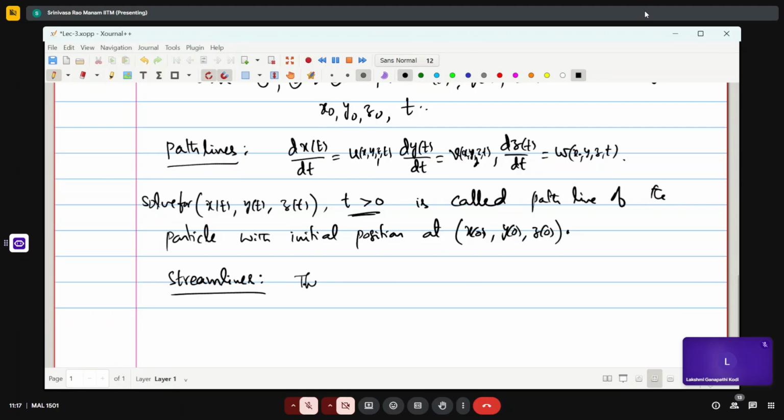Streamlines are curves whose tangents give the direction of velocity.